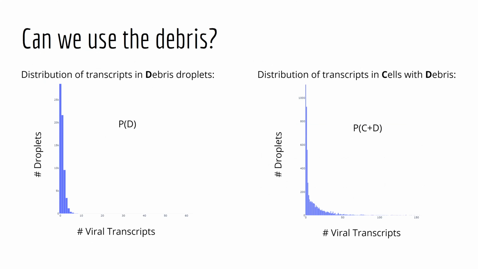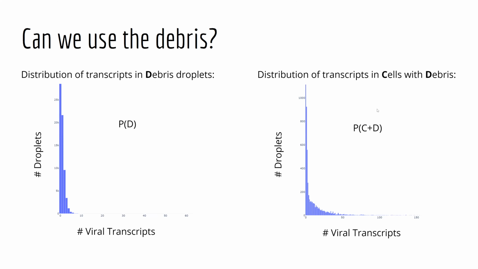We were wondering, similar to other methods like the EmptyDrops method, can we somehow use the debris as a way to inform what we expect to see in the soup versus what we see in the cells? So we have the distribution of debris droplets that we can get from looking at droplets without any cells. And we also have a distribution of transcripts in cells with debris.